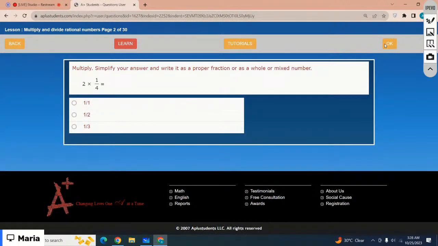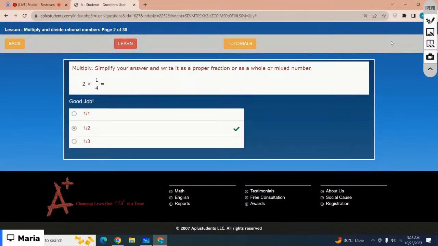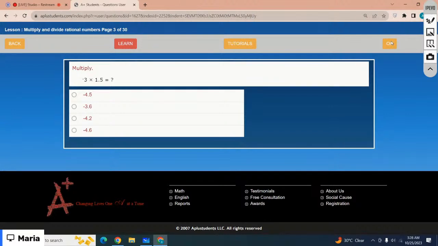2 times 1 over 4. So which is the correct option? The correct option is 1 over 2, right? You need to multiply them like we do fractions. So it would be 1 over 2. The correct option is 1 over 2. Okay, negative 3 times 1.5.